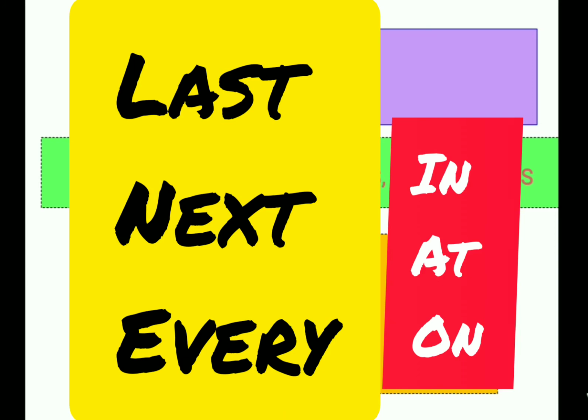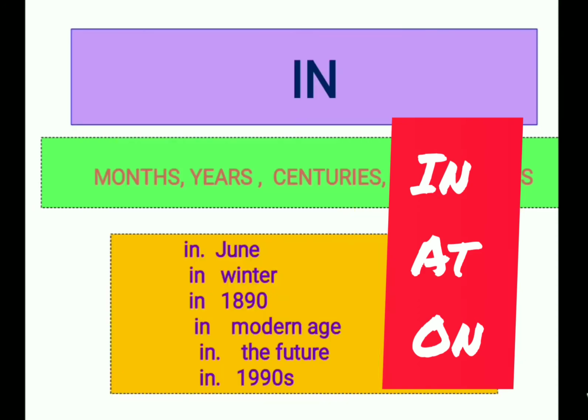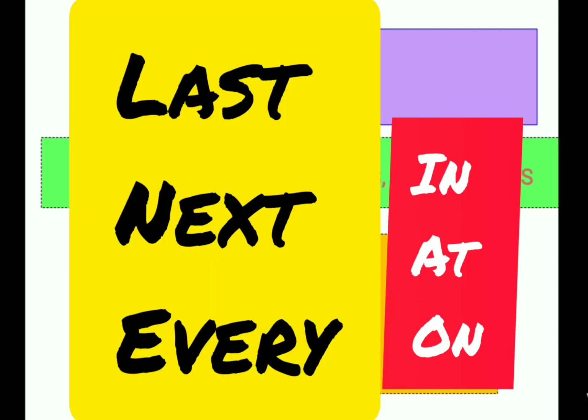No, you don't have to say in last May. It will be I went to New York last May. Last, next, every के साथ at, in और on का यूज नहीं होता. Remember that. Another example देखो. He is coming back next Monday.